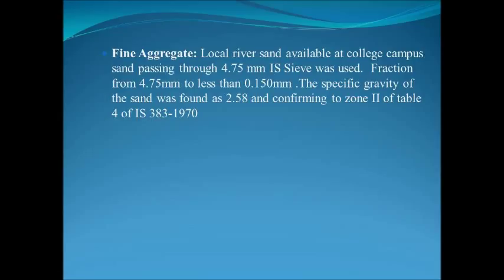Fine aggregate: local river sand available at the college campus, sand passing through 4.75 mm IS sieve was used. Fraction from 4.75 mm to less than 0.15 mm. The specific gravity of the sand was found as 2.58, conforming to zone 2 of table 4 of IS 383-1970.